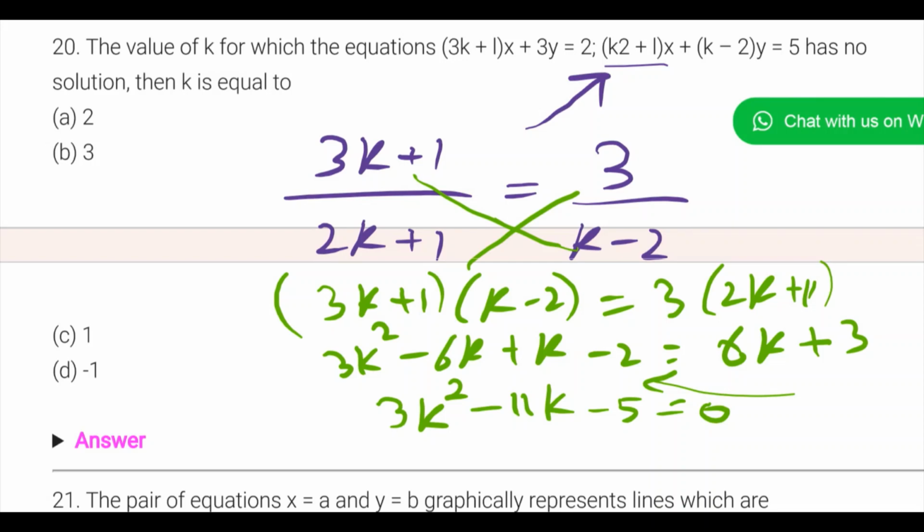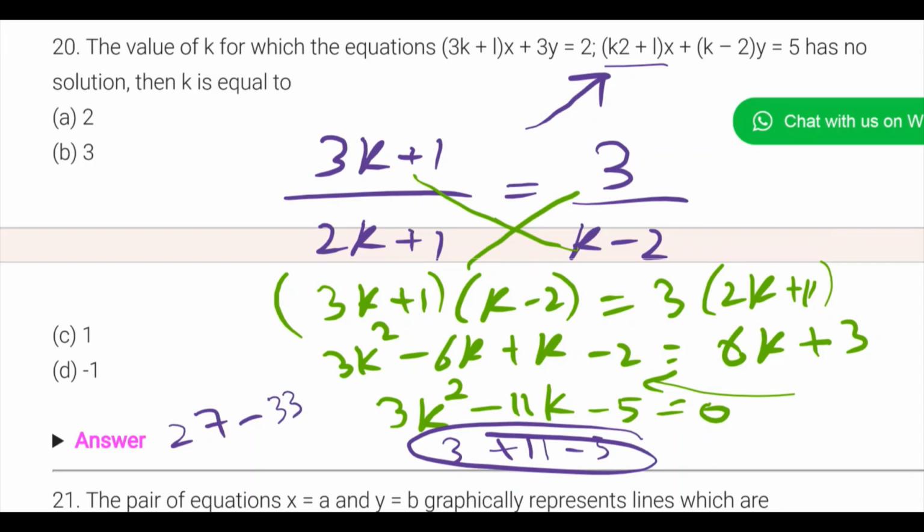If k equals minus 1, this is 3 plus 11 minus 5. If k equals 3, 3 square is 9 into 3 is 27, minus 11 into 3 is 33, minus 5 equals 0. So we skip this question, there's a mistake over here.